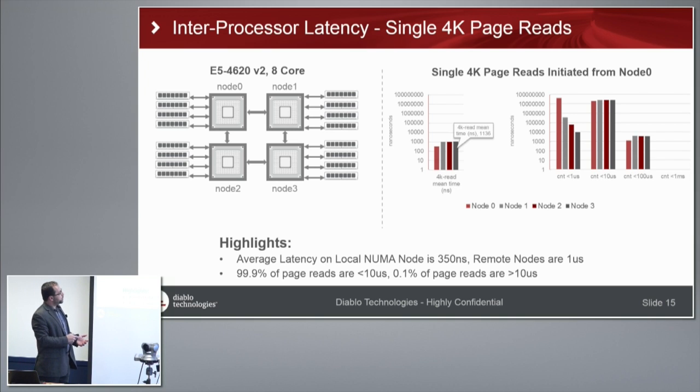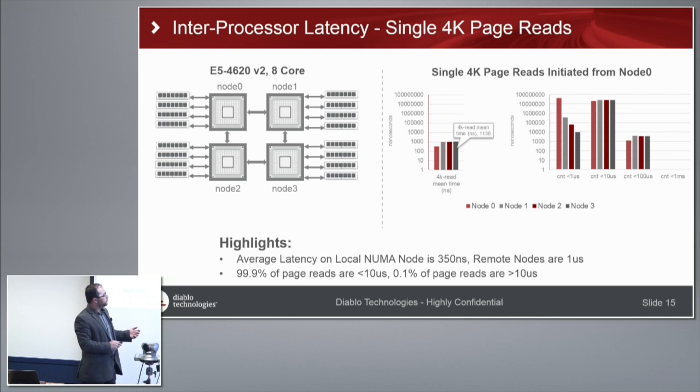Well, on average, we found that running in the same NUMA node, it's not tens of nanoseconds, it's actually hundreds of nanoseconds on average. And for remote access on a very quiescent system, it goes all the way up to 1 microsecond on average.